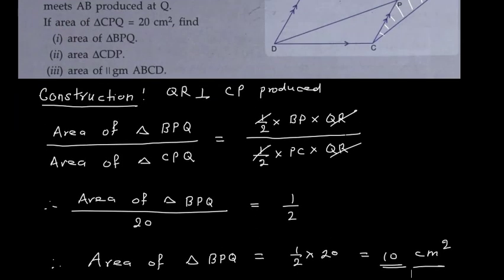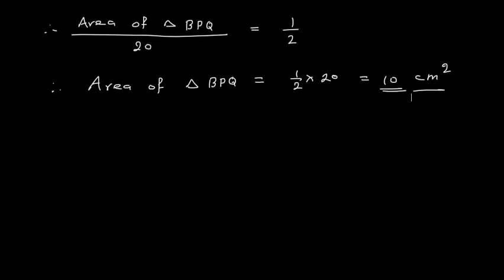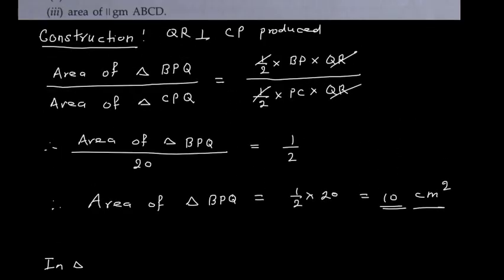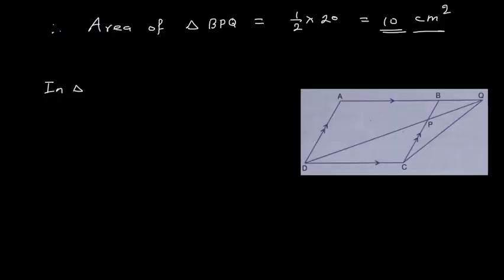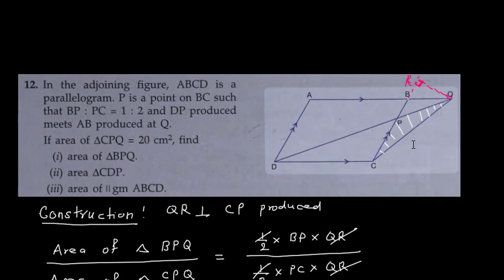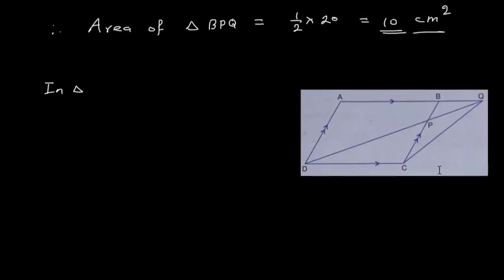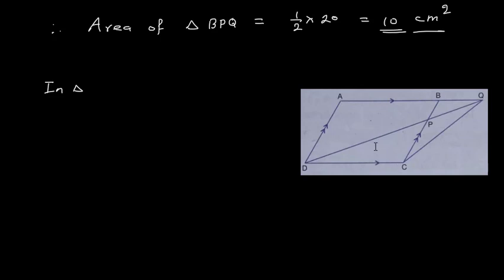So for the second part, I have to find the area of CDP. I will say that in triangle CDP and triangle, for C the corresponding point is B, so BQP.